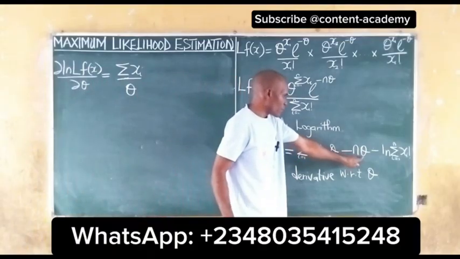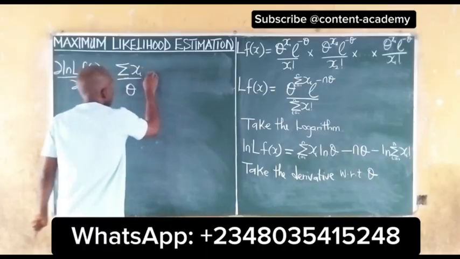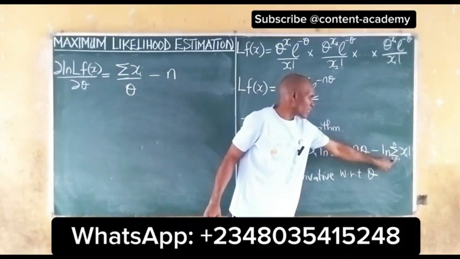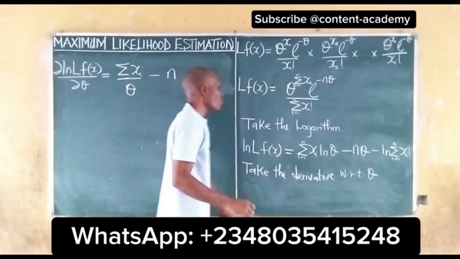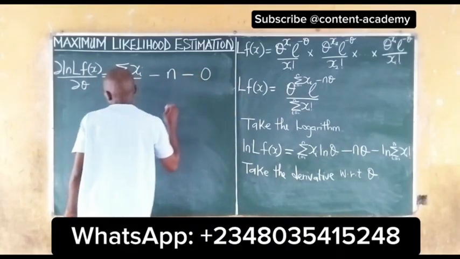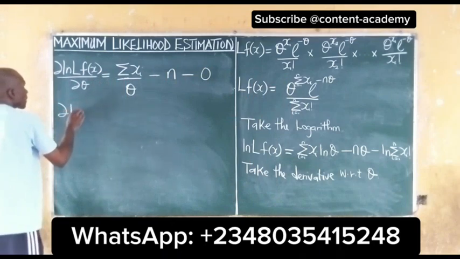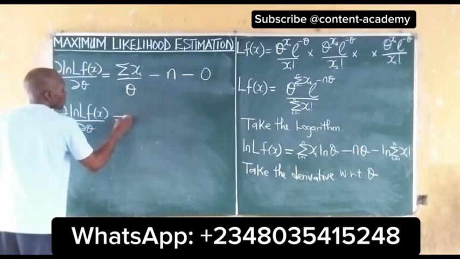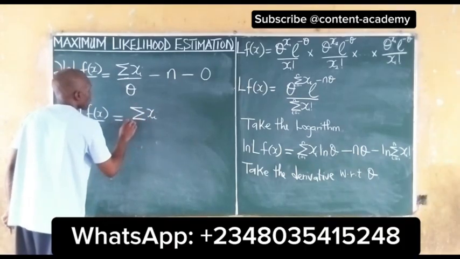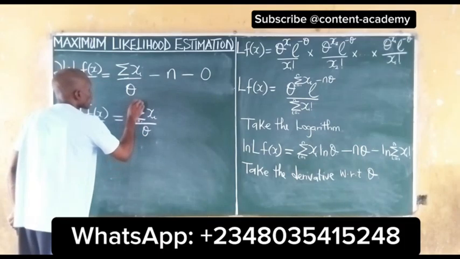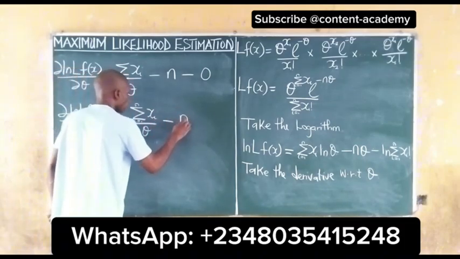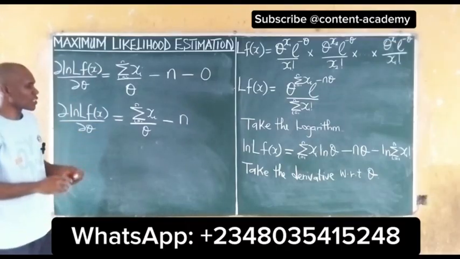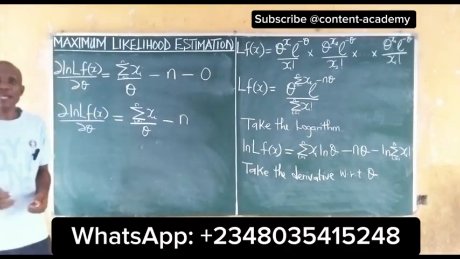If we take the derivative of this with respect to theta, we get minus n. If you take the derivative of the summation of log xi factorial, we get 0, minus 0. So this can be written as summation of xi all over theta, i running from 1 to n, minus n. So we have succeeded in getting the derivative with respect to theta.